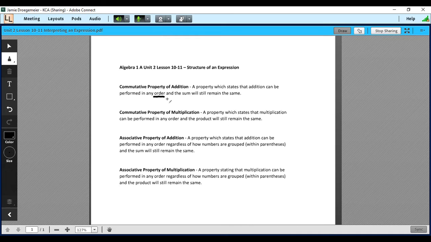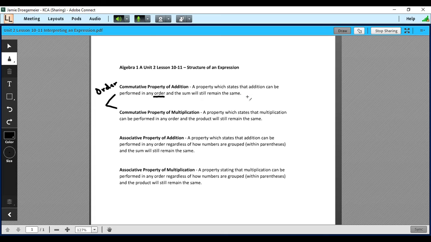I'm underlining the word order because with these two properties, the order is the important part. Basically, if I have the same numbers that I'm adding together, but in a different order, I'm still going to get the same sum.